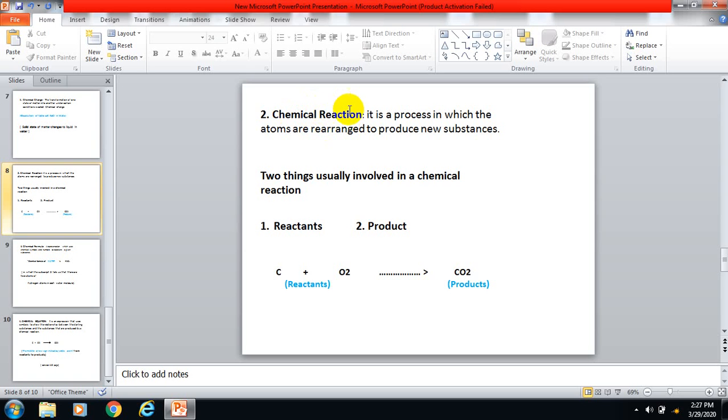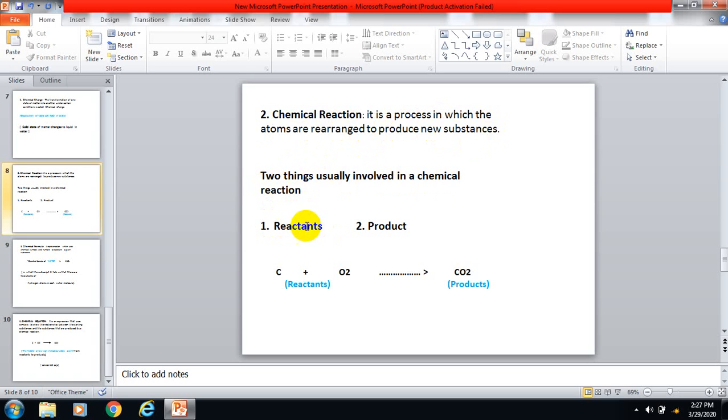When they combine chemically with a definite ratio, we call it a chemical reaction. It is a process in which atoms are rearranged to produce new substances. Different atoms are combined and just rearrange themselves to produce new substances.